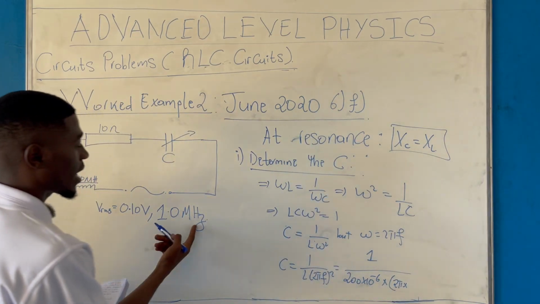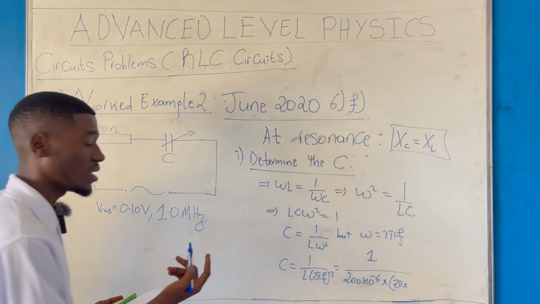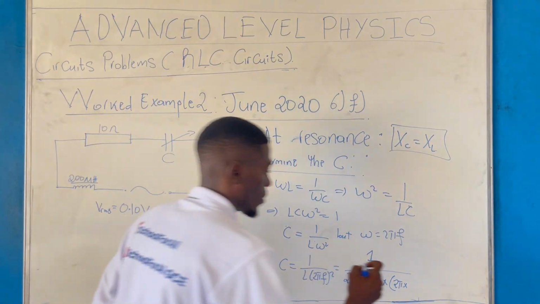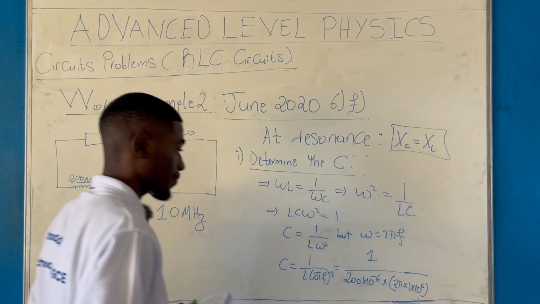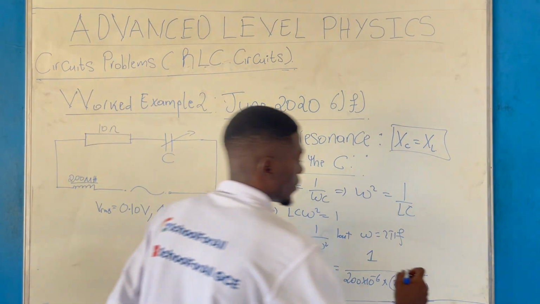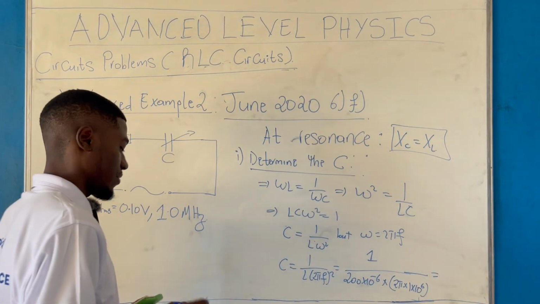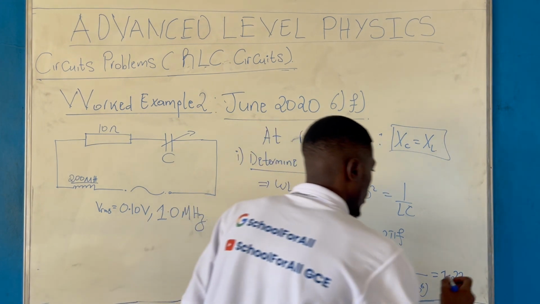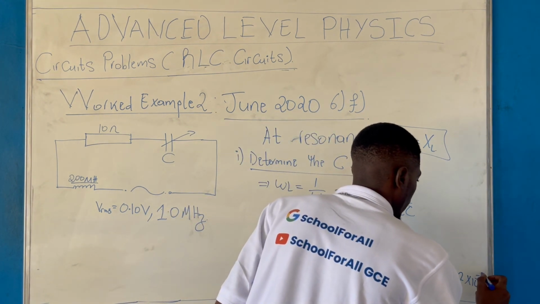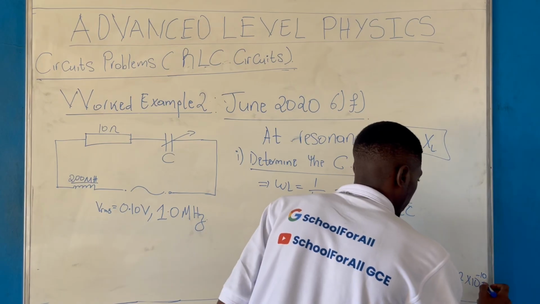The frequency is 1 megahertz, which means times 10 to the 6. After numerical application, you will have 1.27 times 10 to the negative 10 farad.